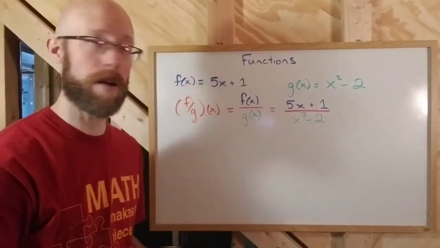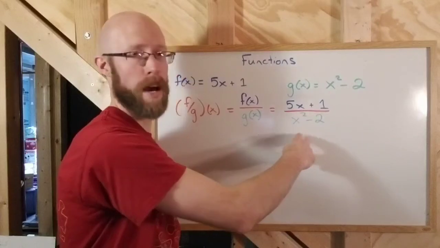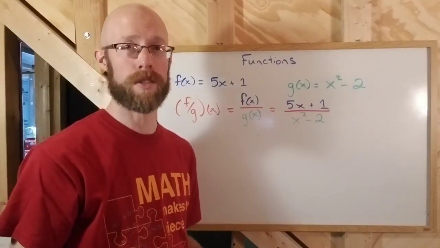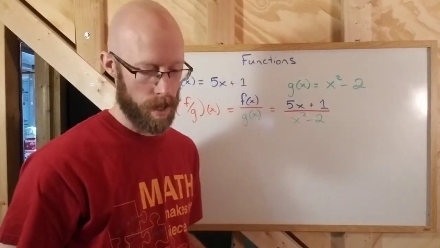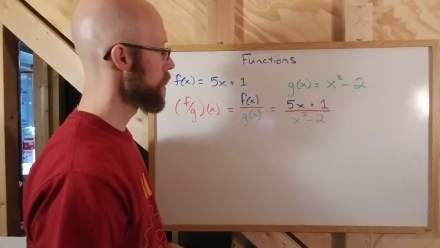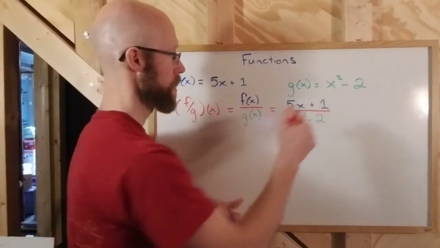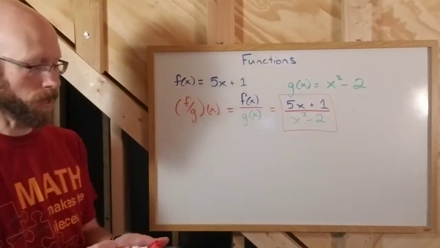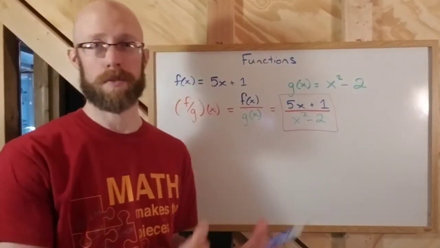If it was simplifiable, if I could factor the top, factor the bottom, and cancel any common factors, I would want to do that. However, in this case, it's not going to be doable. And probably in a lot of these, you won't be able to cancel them. So I would just leave it alone. This is it. Sometimes these division problems are even easier than the multiplication ones, just because there's less work to do.